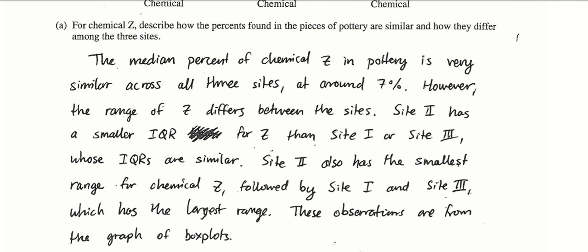So read over this response. Yours does not by any means have to match it perfectly, but you do want to talk about spread. When it comes to box plots, don't so much focus on the range, focus on the IQR. You want to talk about centers and spread.